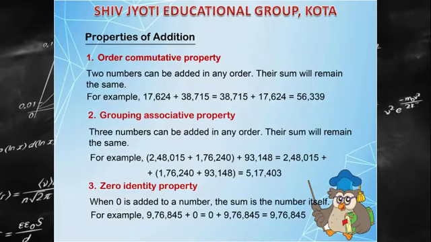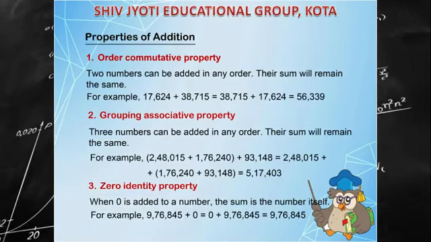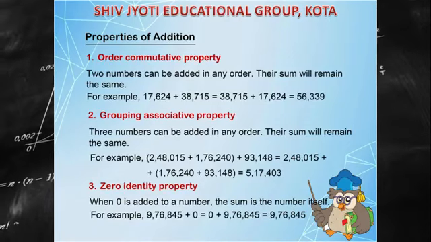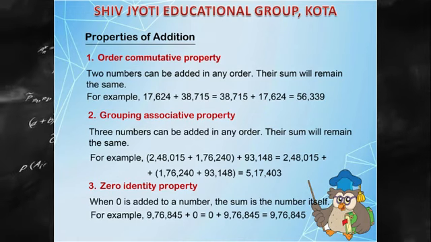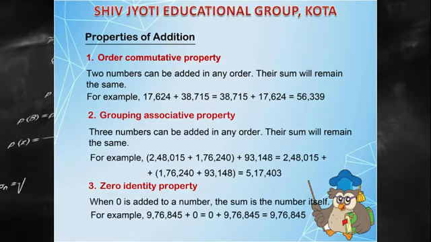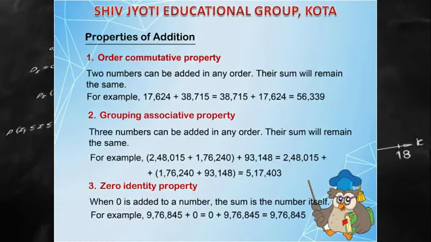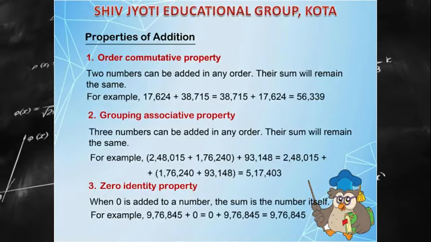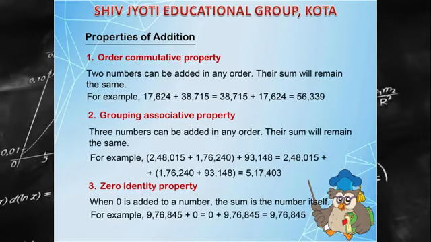Three numbers can be added in any order, their sum will remain the same. For example, 2,48,015 plus 1,76,240 equals to 4,24,255 plus 93,148 is 5,17,403.